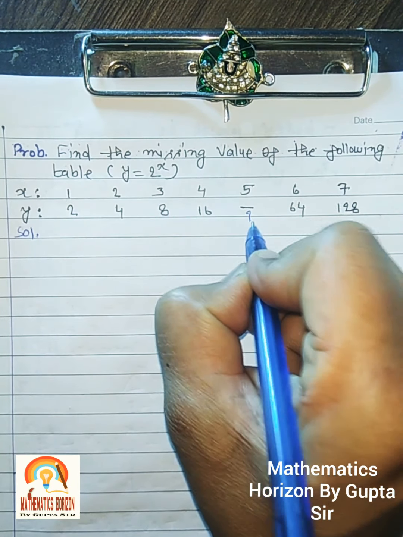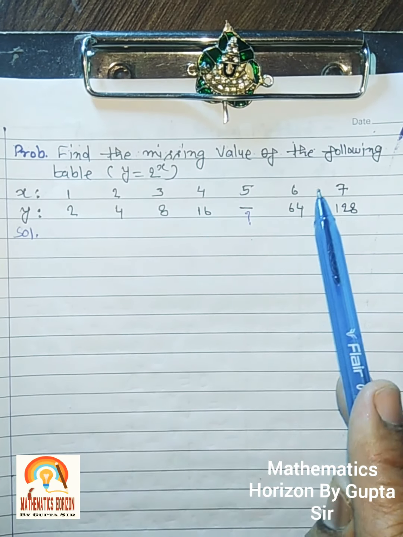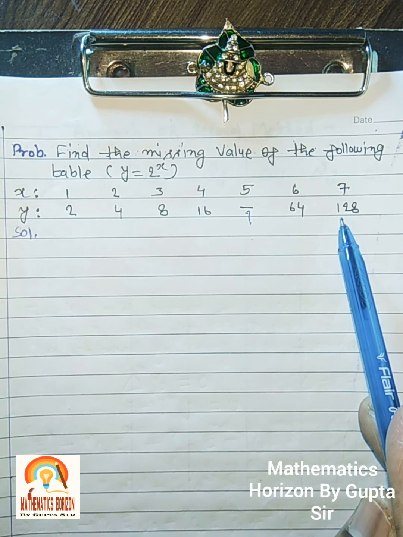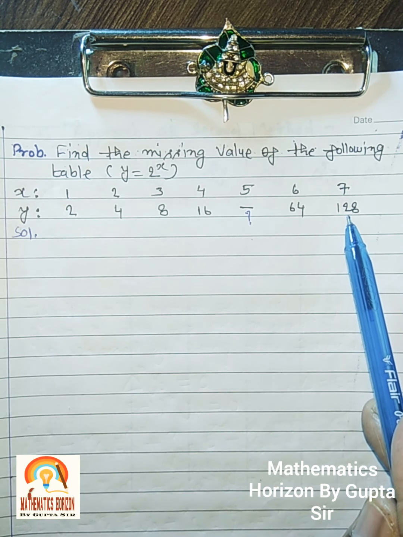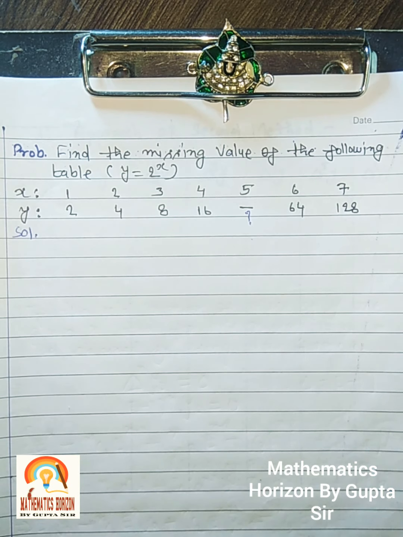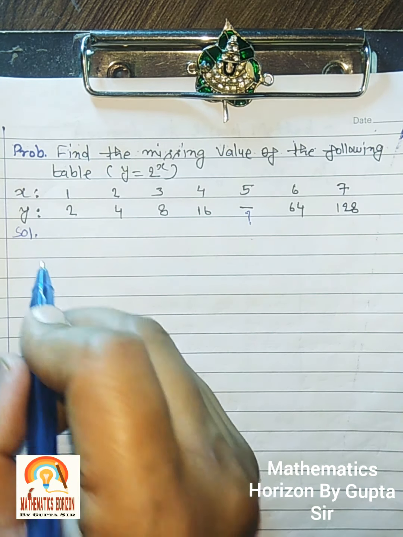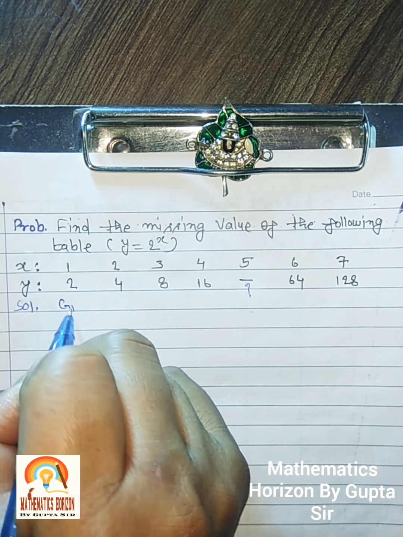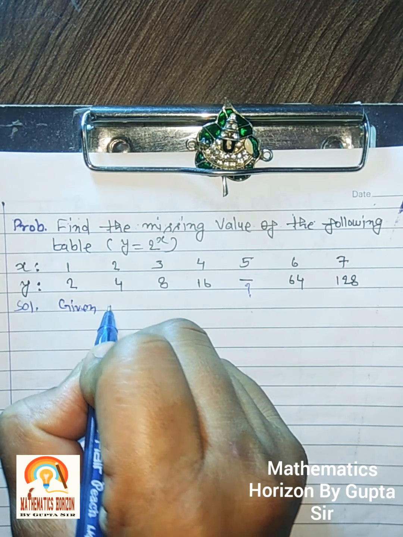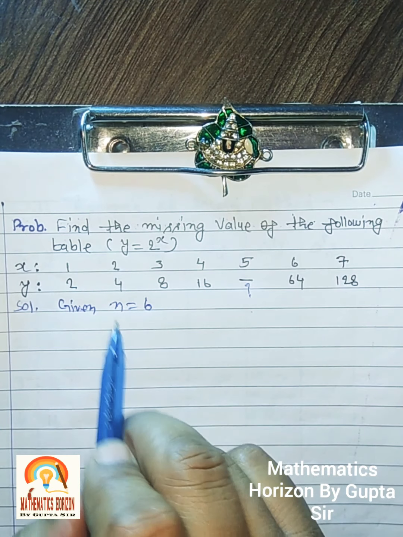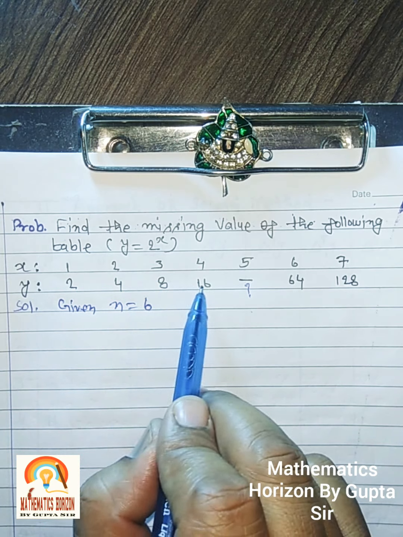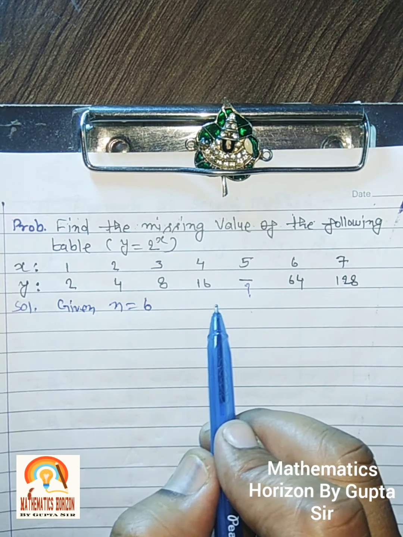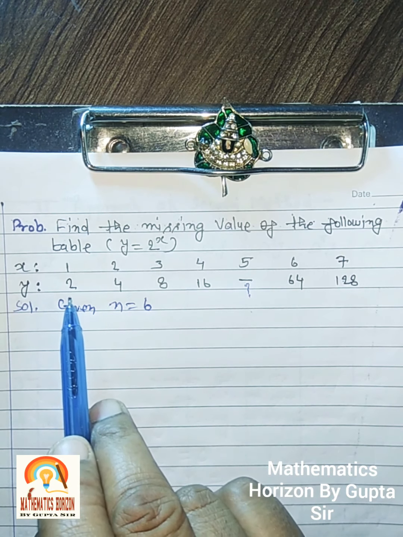Corresponding to x equal to 6, the value of y is 64, and corresponding to x equal to 7, the value of y is 128. Here given n equal to 6: 1, 2, 3, 4, 5, 6. Total values are 7, but how many values are given for y?